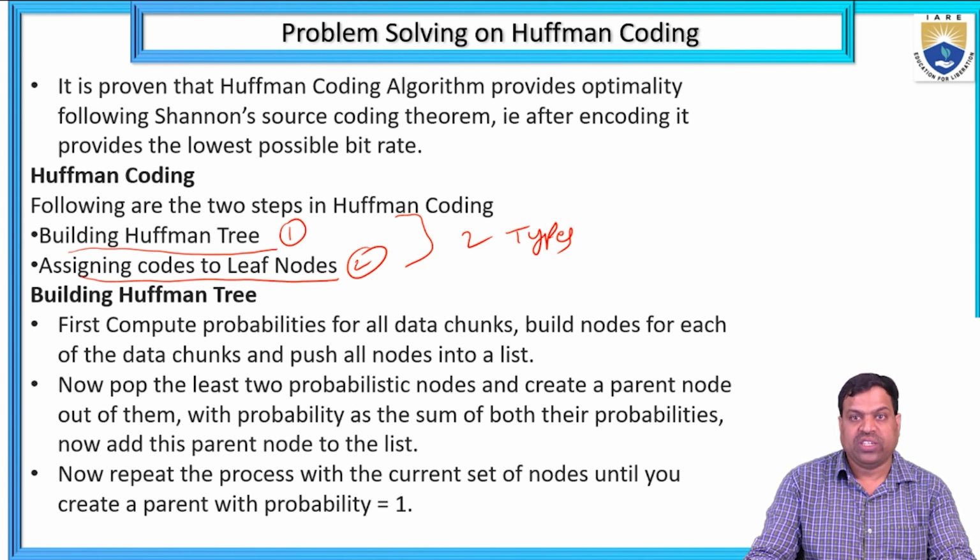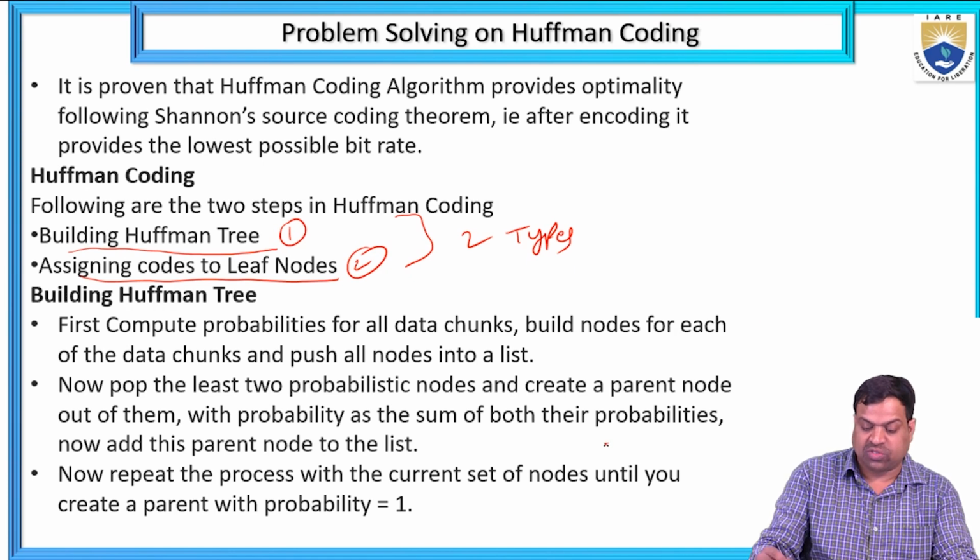Now pop the two least probable nodes and create a parent node out of them with probability as the sum of both their probabilities. Now add this parent node to the list. Then repeat the process with the current set of nodes until the parent has probability 1.